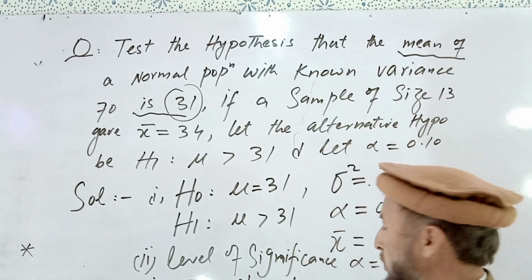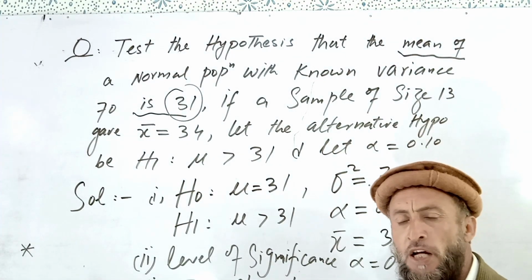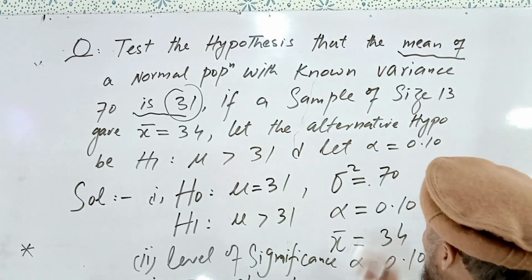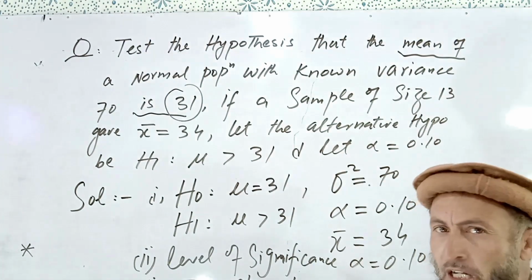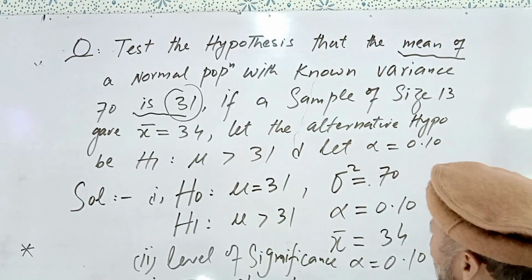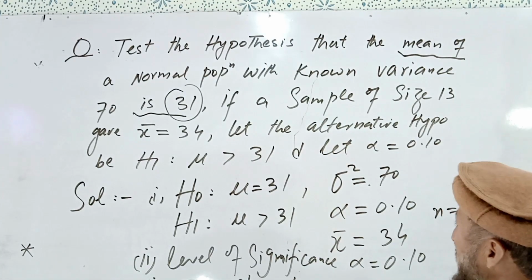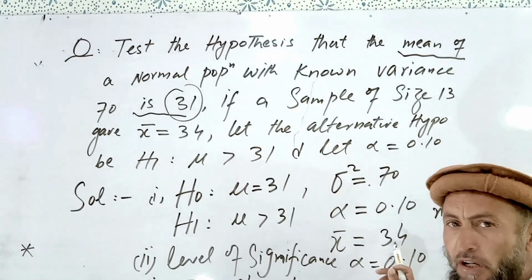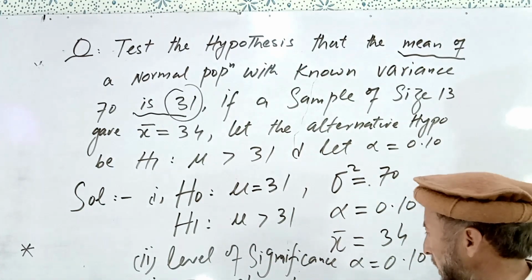We are using, actually there are different types of test statistics: z, t, chi-square and f. But here, according to the conditions, if sigma is known and the sample size is greater than or equal to 30, we use the z test statistic. Otherwise, if the sample size is less than 30 and sigma is known, we also use the z test statistic.